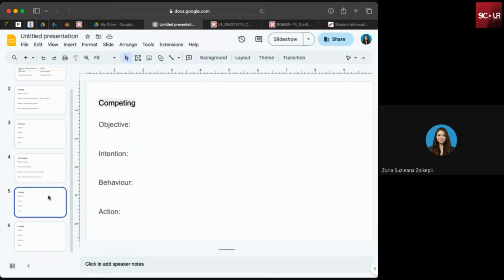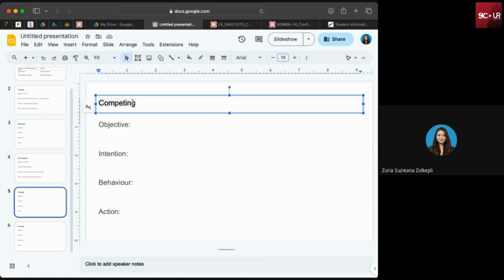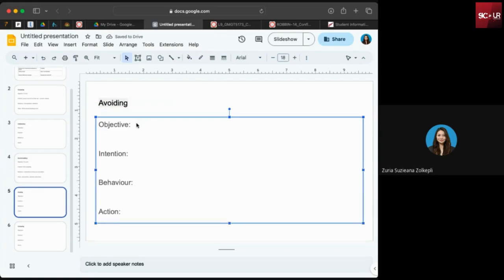Next, after accommodating, we have the next style, which is avoiding. So avoiding means that, before, the first one is I win.